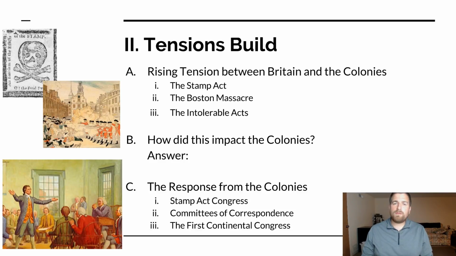So all of these actions taken by the king cause Americans to go further and further away from this idea that they are in fact British subjects, and more towards the idea that no, I am a Virginian, or I am from Massachusetts, or I am from Maine, and so on and so forth.